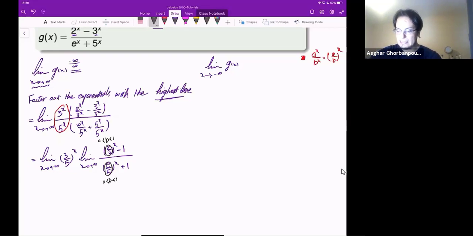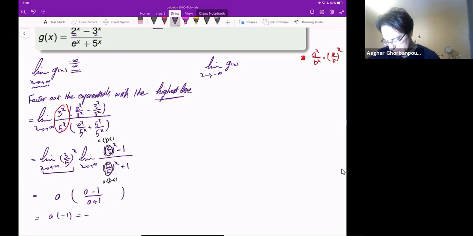And we know that the limit of b to the power x, if b is less than 1, as x goes to plus infinity, is going to be 0. So as a result, the first part is going to be 0. The second part is going to be 0 minus 1 over 0 plus 1, and that is 0 times negative 1, and 0 times negative 1 is just 0.